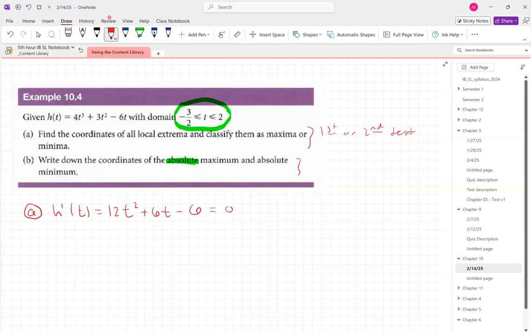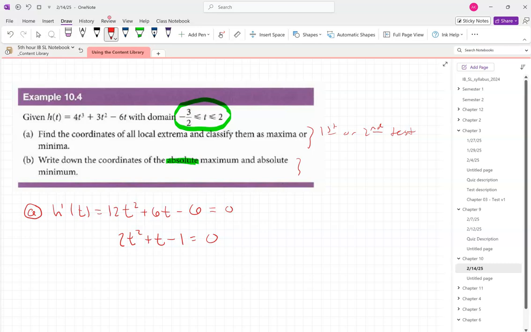I'm going to set this equal to 0 then and just worry about solving. Before I start doing this, though, what do you observe about the coefficients in this polynomial? Yeah, they're all divisible by 6. So before I get going, I'm going to do that.